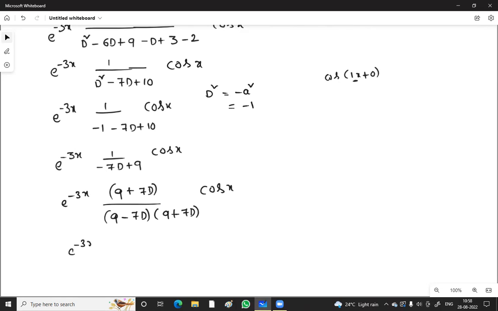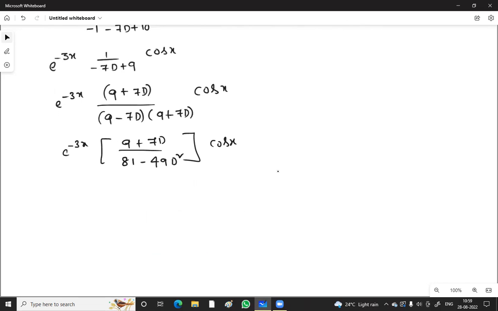So e to the power minus 3x, 9 plus 7D, (a plus b)(a minus b) is a square minus b square. Have to operate on cos x. So e to the power minus 3x, 9 plus 7D, 81 minus D square. In the place of D square, you can put minus a square, nothing but minus 1.